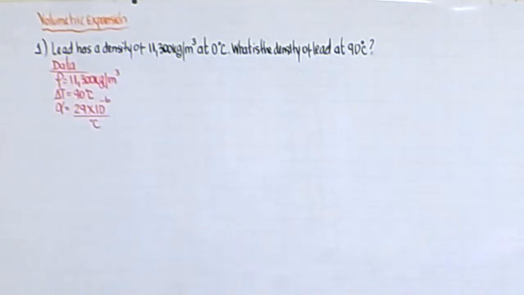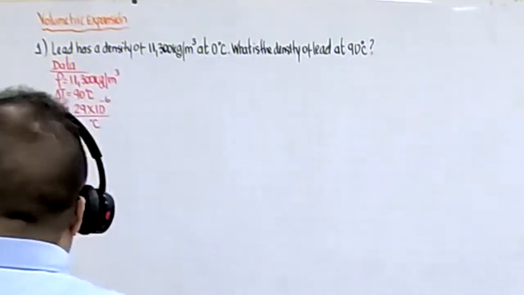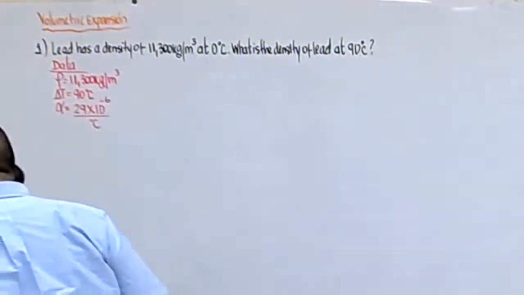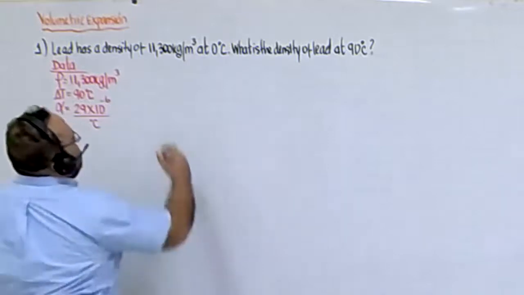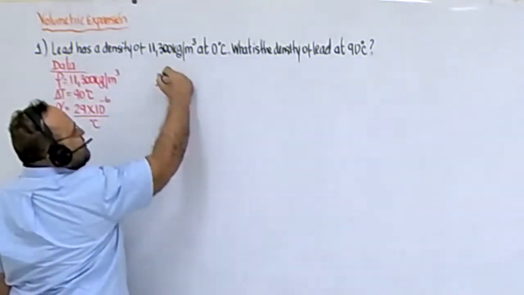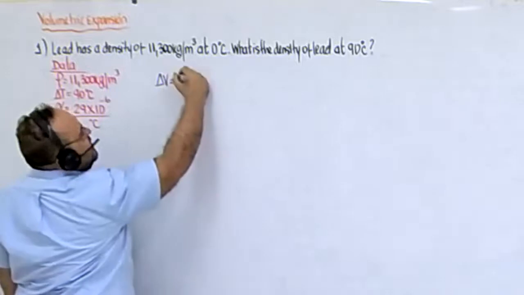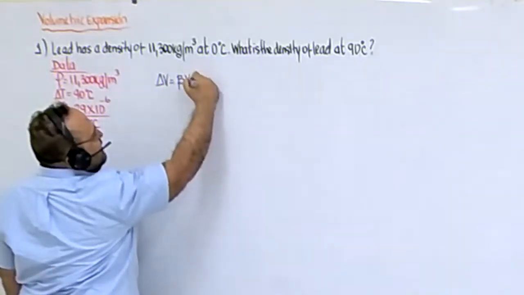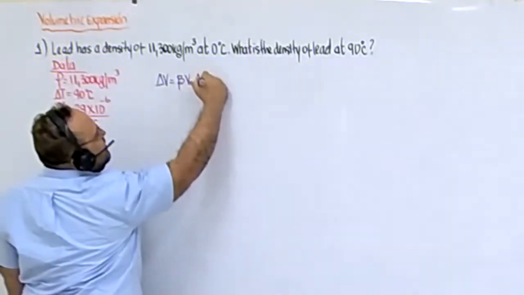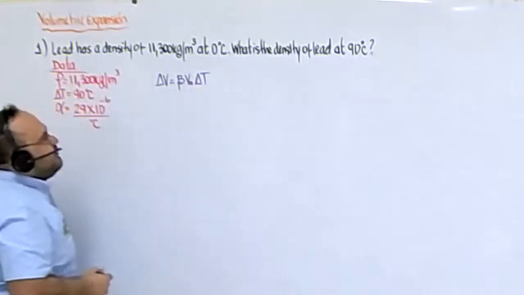So what do we have to do? First of all, we're talking about the coefficient of volumetric expansion. The change of volume will be equal to beta multiplied by the initial volume multiplied by the change of temperature.